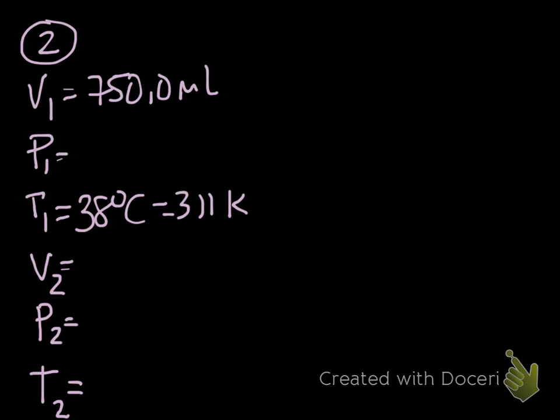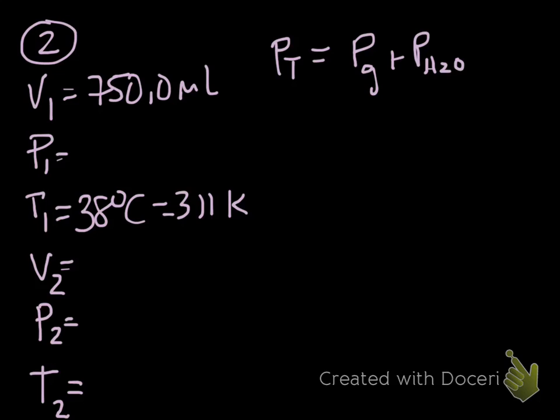Pressure on the day of collection is 762 torr. Is that your initial pressure? You have to subtract out the water vapor pressure at that temperature. So P total equals the pressure of your gas plus the pressure of the water.